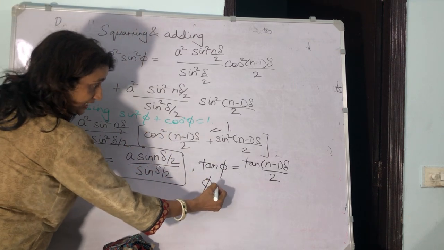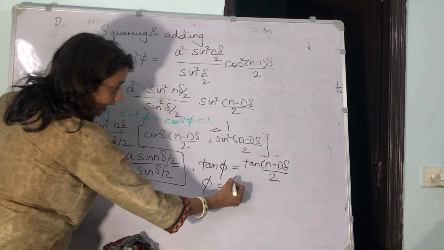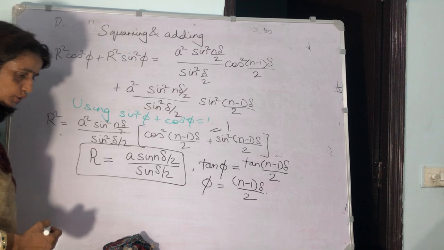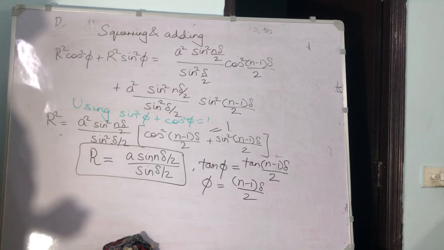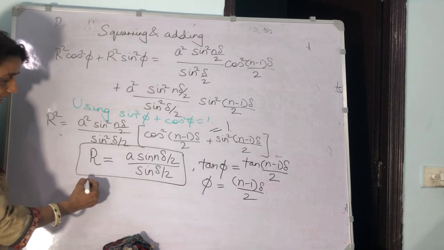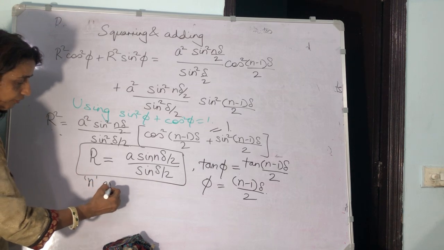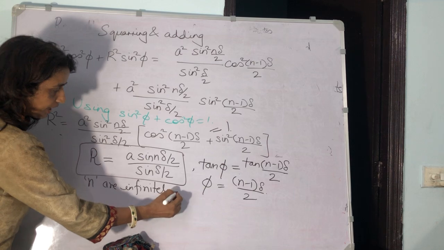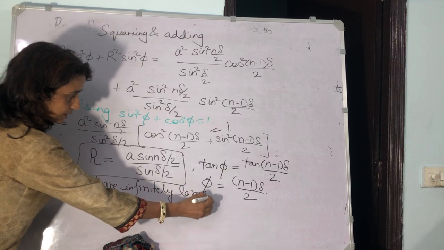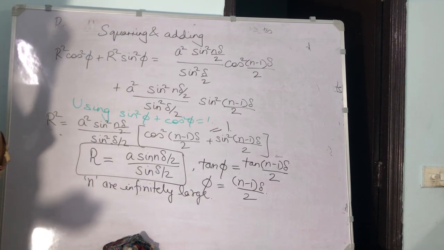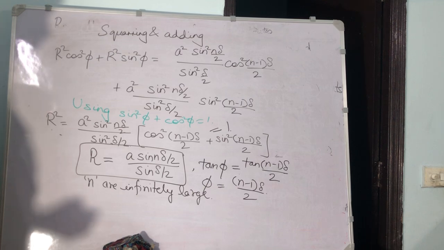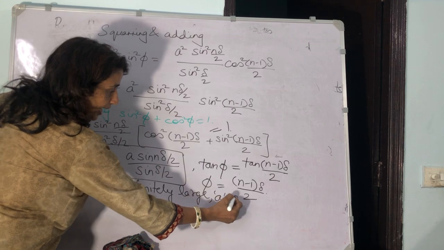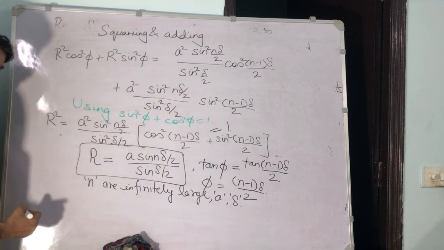So the phase is φ equal to (n−1)δ/2. If the number of vibrations n is infinitely large, because diffraction is bending of light around apertures and obstacles, then at times when n is very large, the amplitude will be small and their phase will also be small.